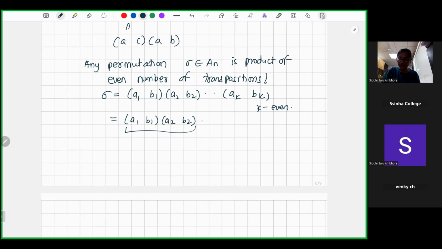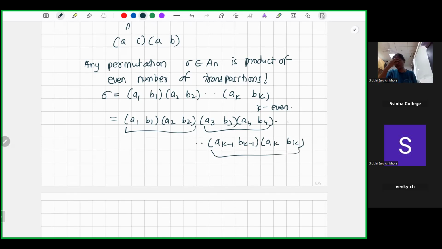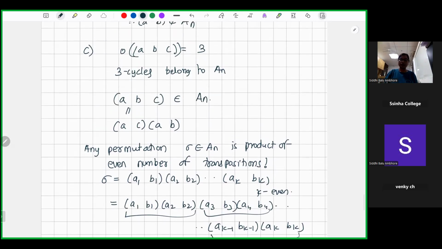So I can club them: (a3 b3), (a4 b4), and similarly so on up to (ak-1 bk-1) and (ak bk). I can club these two always. And if I can show that any such product of two transpositions can be written as a product of 3 cycles, then we are done, right?